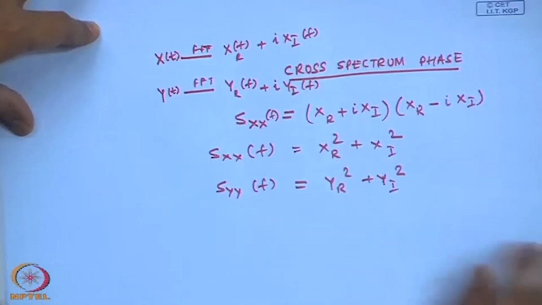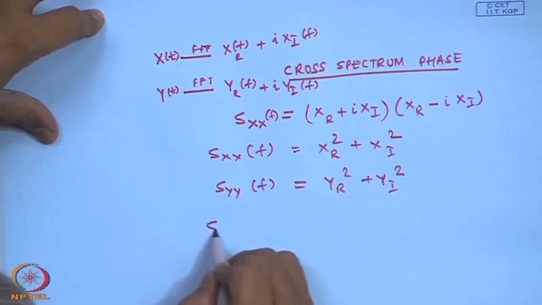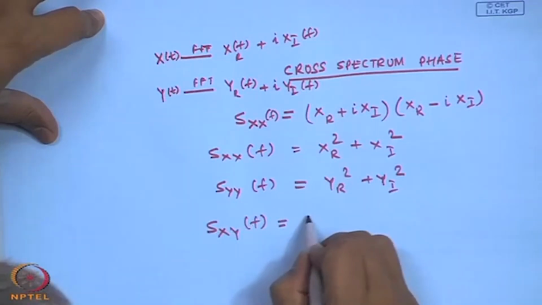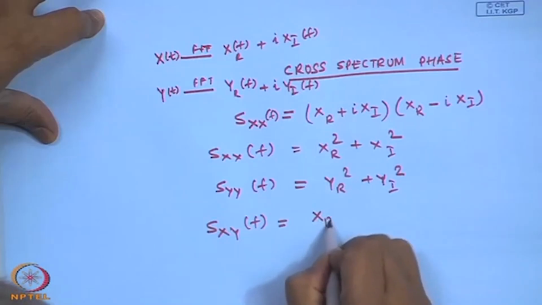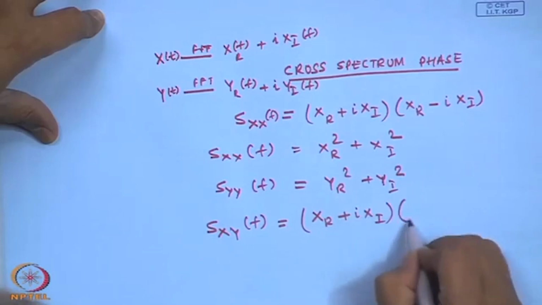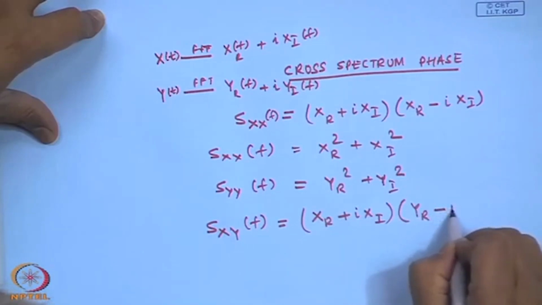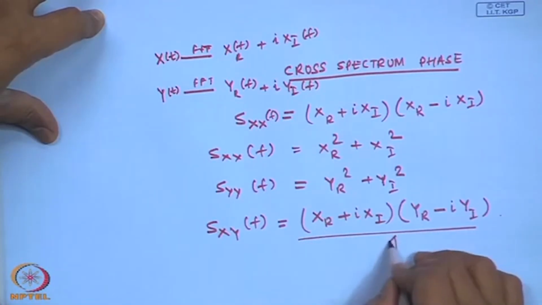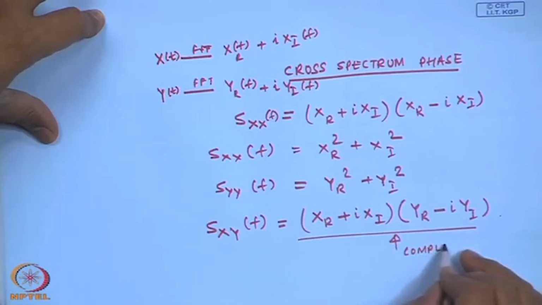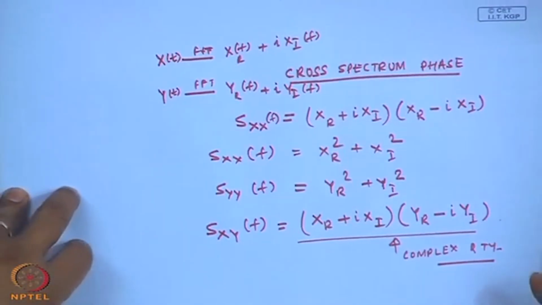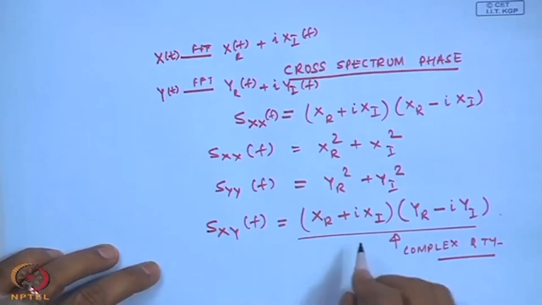But there is another component which is known as the cross spectrum, Sxy(f), which is nothing but x r plus i x i times y r minus i y i, and you will see that this is a complex quantity. I will not go into the details of this.